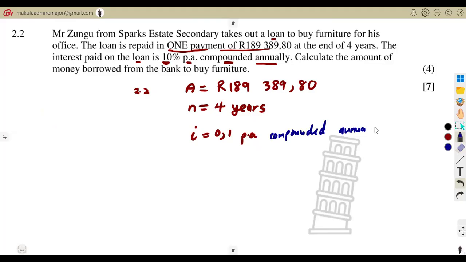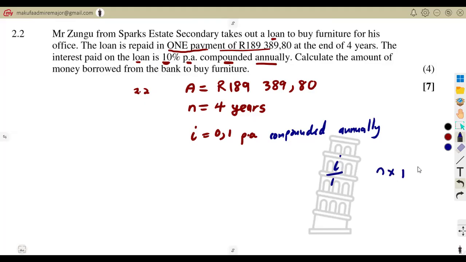There we are, it is being compounded annually. I said this in our introduction, that when it is annually or when given yearly like this, there is no effect on anything. The number of years, interest is not affected, because we're talking about yearly, where the interest was supposed to be divided by 1, so there's no effect.